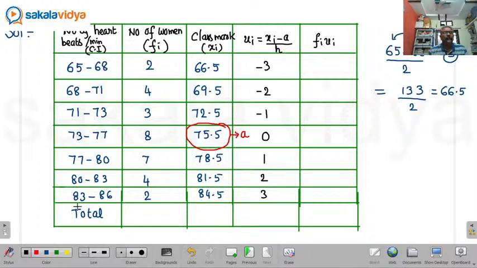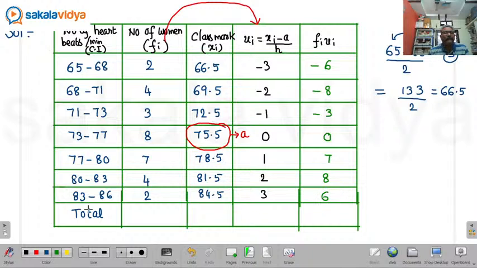It's very simple now. Now what we need to do? We need to multiply fi with ui. I hope everybody is following. So, 2 into -3 is -6, 4 into -2 is -8, 8 multiplied by 0 is 0, then 7, 8, 6.